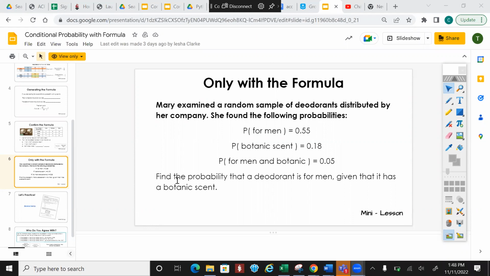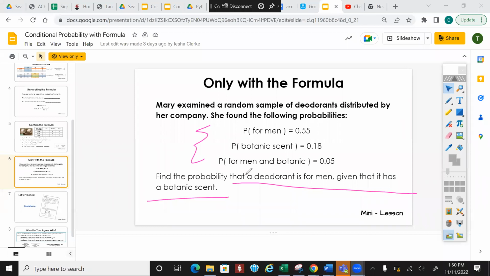Find the probability that a deodorant is for men, given that it has a botanic scent. So the way we're going to do this is, first, write these 3 things down. And I want you to write this statement out. Take a second, you're writing it down. The probability that a deodorant is for men, given that it has a botanic scent.